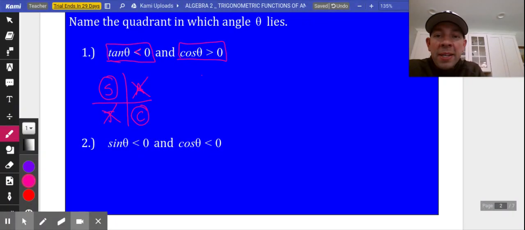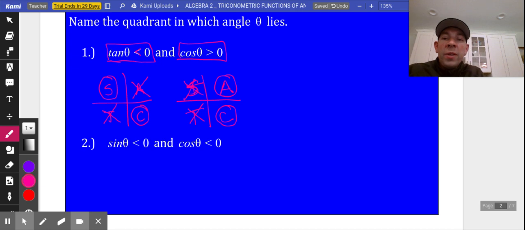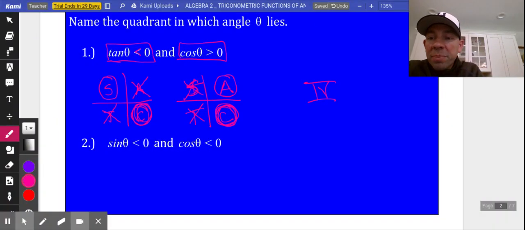When is cosine positive? Well, all students tip cows. Cosine is going to be positive in the first and the fourth, so we can cross off these. So let's see. I think the winner, when I compare these two diagrams, the theta must be in quadrant 4 because that's the only quadrant that satisfies both of these pictures.